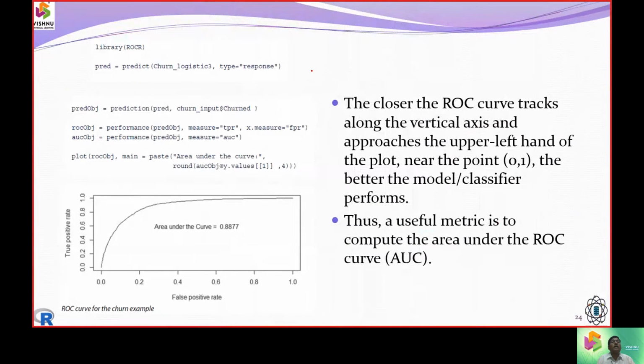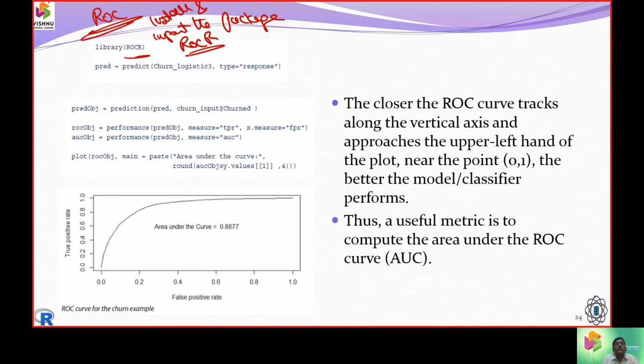So first of all, how can we draw the ROC curve? We need to get the ROC curve. First of all, we need to install and import the package, that is ROCR.